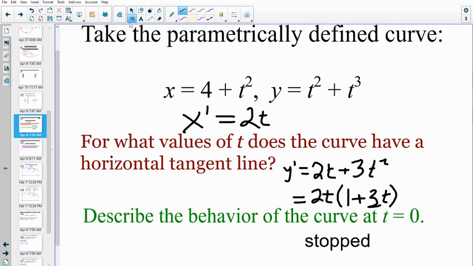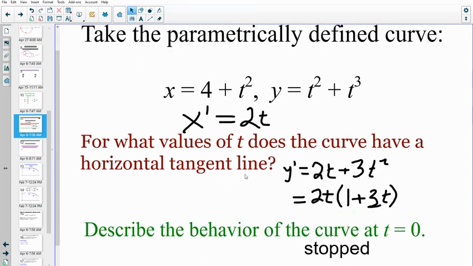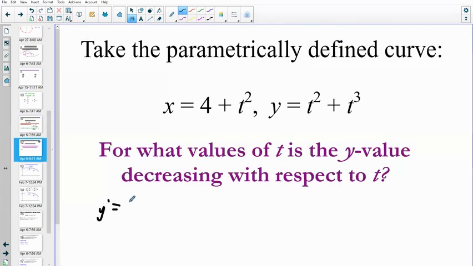Let's see, this would be over 3/2. So instead of negative 1/3, it should have been negative 2/3. But let's get that back over here. 1 plus 3/2 t.